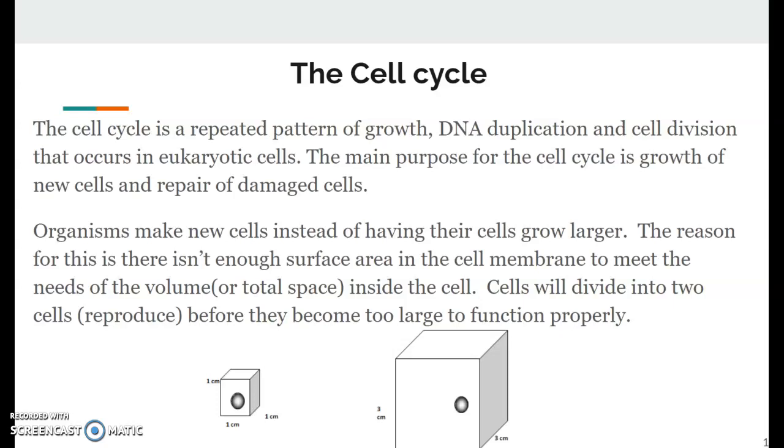So cells will divide or reproduce before they become too large to function properly. So look at this picture. What I'm trying to show you here is the difference in surface area, right? Proportionally, the smaller cell has more surface area exposed than the larger cell.